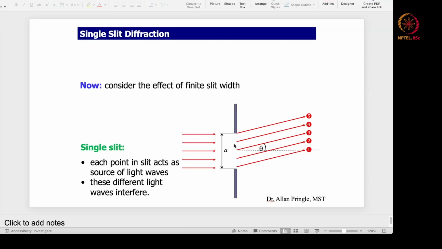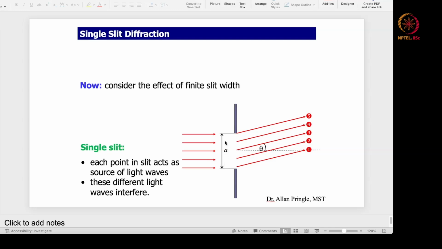So there is a bunch of parallel light beams incident on a slit which has got a finite width A, and each point in the slit acts as a source of secondary waves, and these different light waves therefore interfere. And this is a narrow slit, but it has got a finite width.